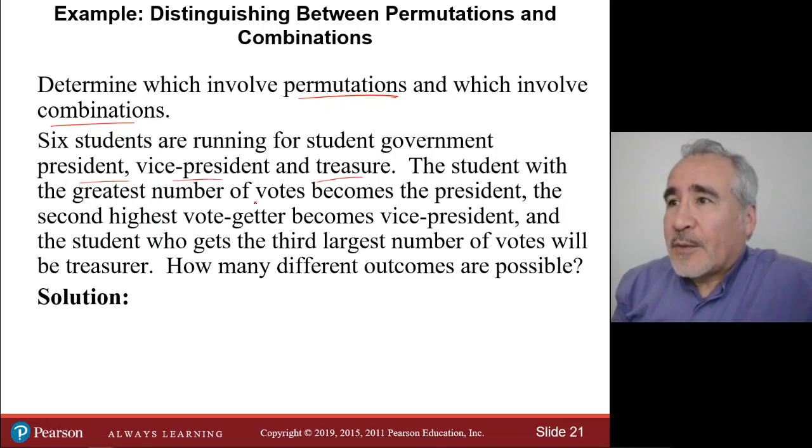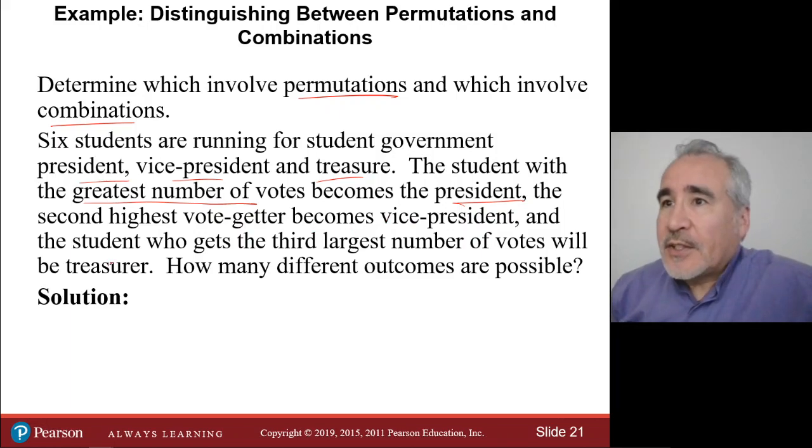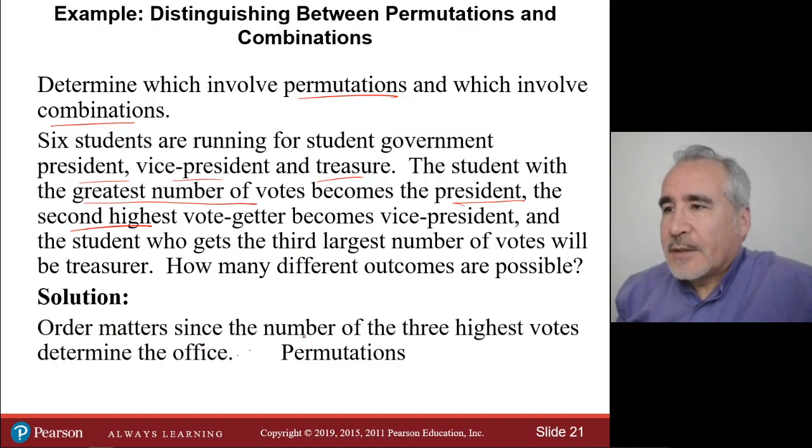The student with the greatest number of votes, so there's an ordering mechanism, becomes the president. So it must be like a higher position, right? A different position, an ordering of position, second voter. So I'm going to say this is definitely permutations, right? There we go. It is definitely a permutation.